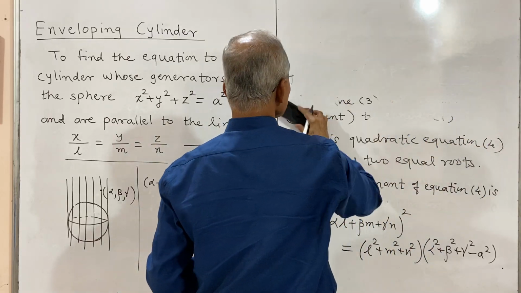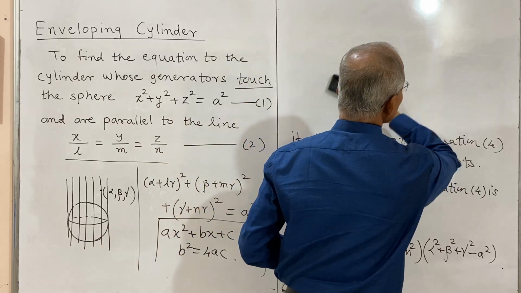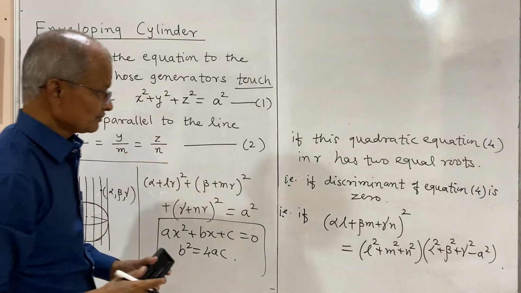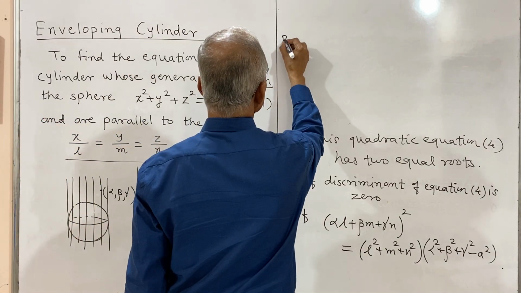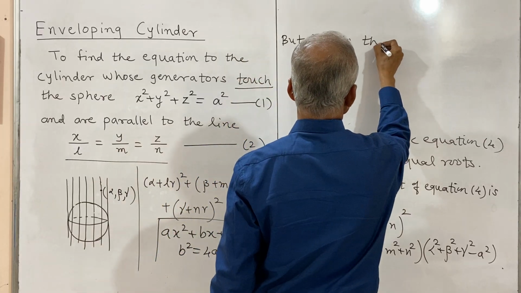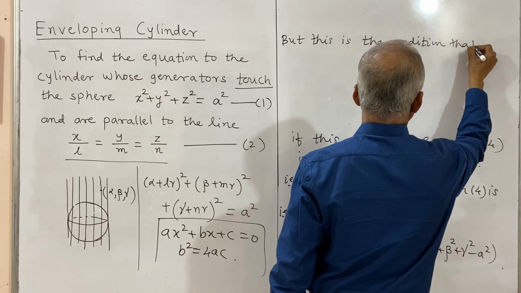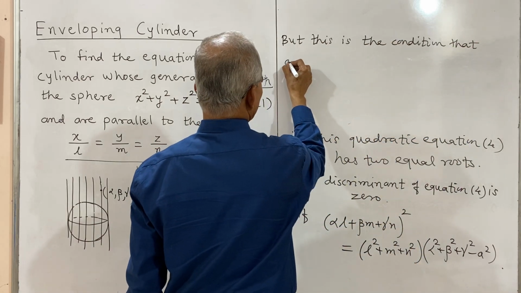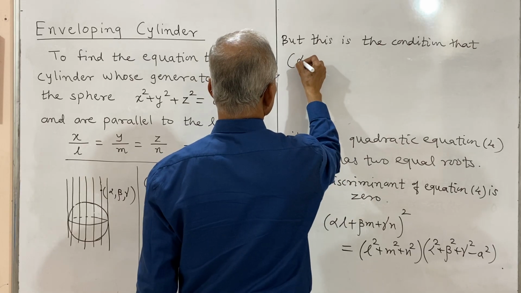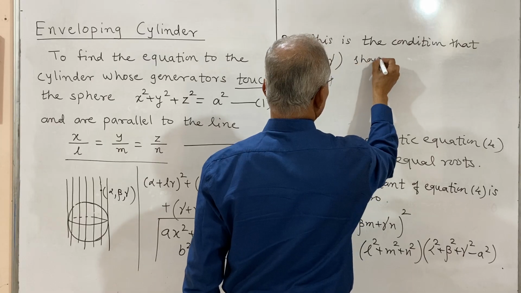It is any point, so the locus can be obtained by replacing alpha, beta, gamma by the general point x, y, z. The point alpha, beta, gamma should lie on the cylinder.